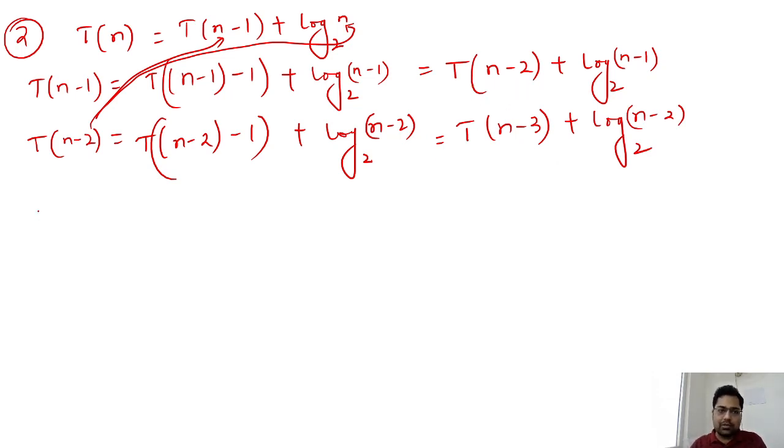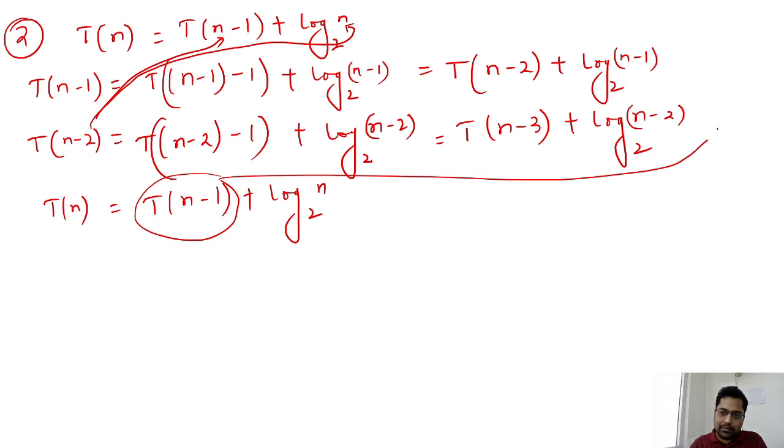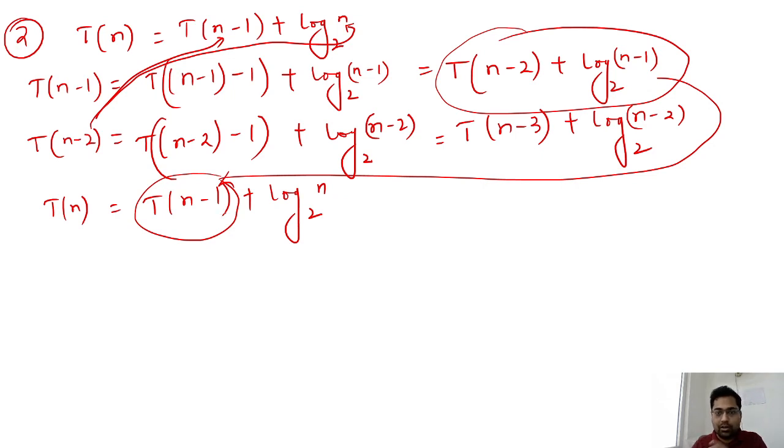Now you substitute each by values one by one. Writing this one, T(n) = T(n minus 1) plus log n base 2. Then the value of T(n minus 1) will be the value which we found here, that you write without changing the cost. So T(n minus 2) plus log (n minus 1) base 2 plus log n base 2.